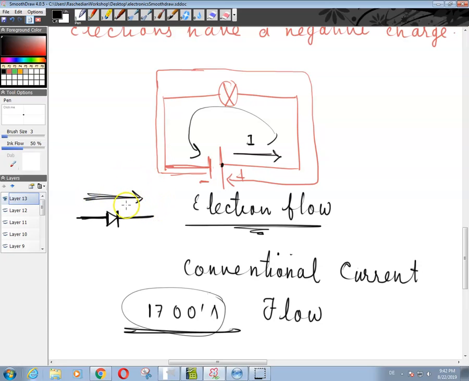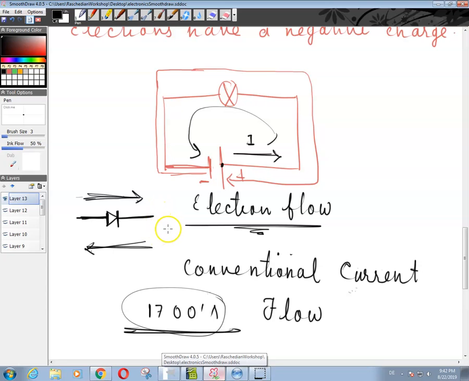Now what happens is that when you install a diode in a circuit, what's actually happening, the direction of the flow of electrons, is the other way around, meaning that the electrons are going this way, but the conventional current flow is this way. And everything in electronics, the diodes and everything, is based on the conventional current flow.